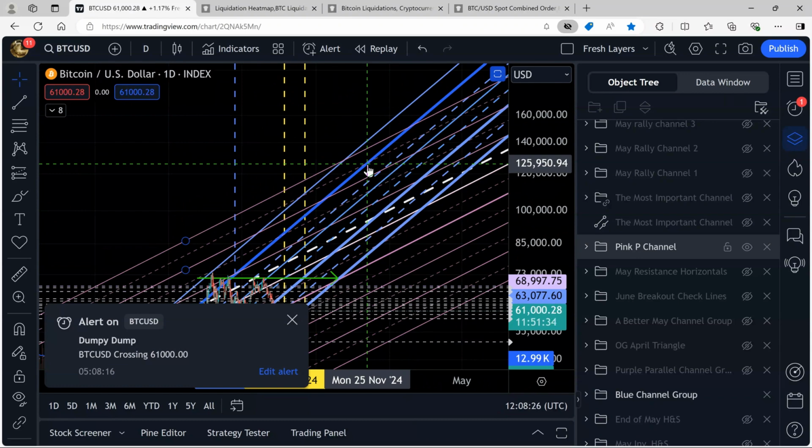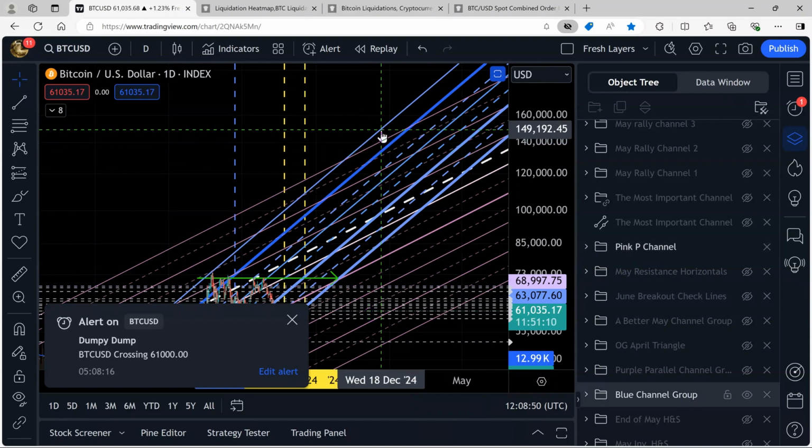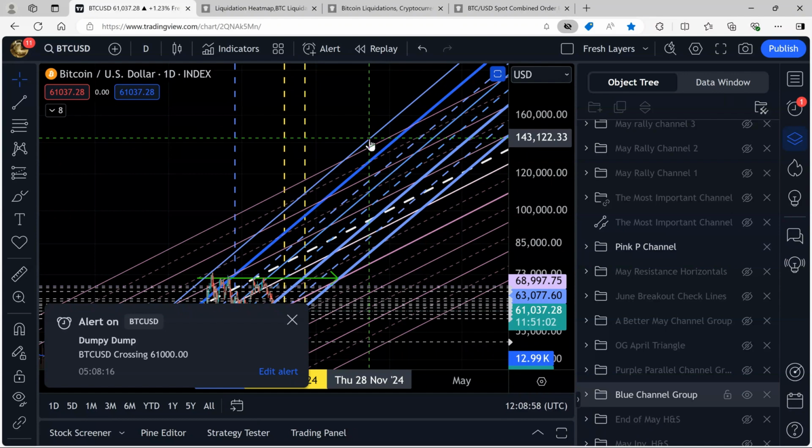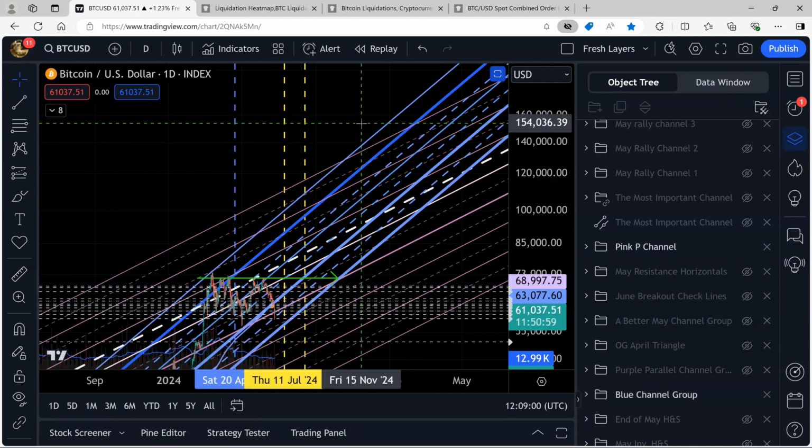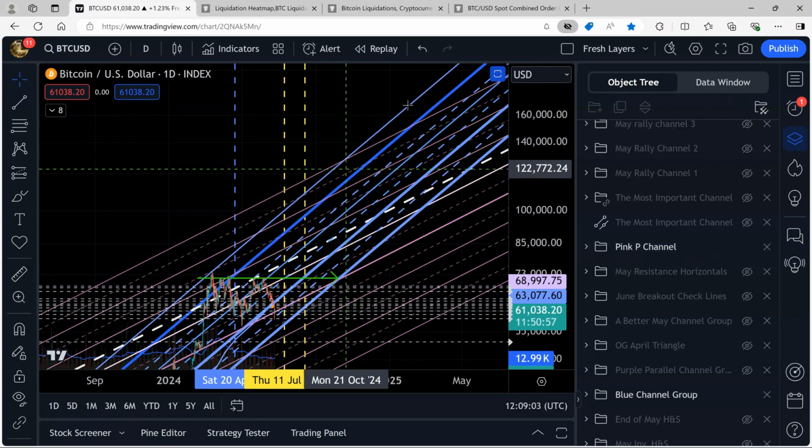I expect us to come back down to the blue and pink channel before market open and retest those parallel channels. So whether you use the blue channel or the pink channel, we're looking at 125 by the end of the year, maybe even 150 if we came up here. Easily.